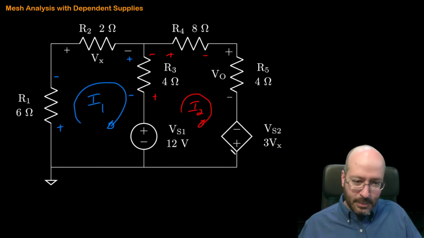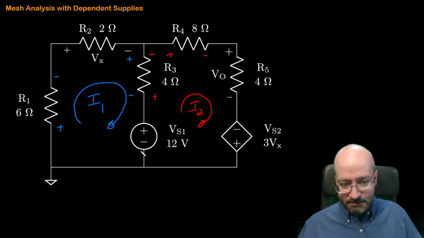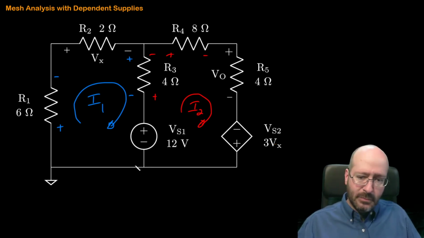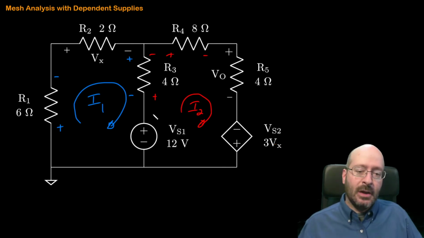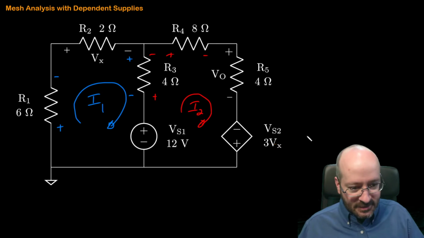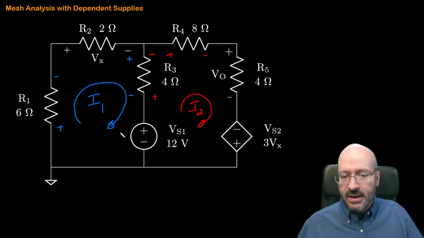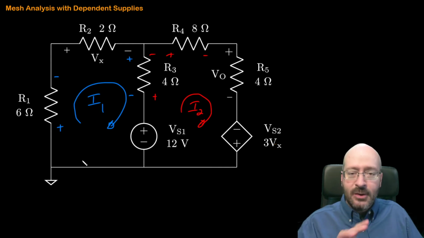This is an active component. It's not a passive component. It's going to add energy to the system. This is an active component as well. We're stuck with those polarities. Okay, now which order to do this in? I don't know what to tell you. I kind of want to get to the good stuff and tell you what the little extra step is. But let's go ahead and write the, well, I don't see a current supply.